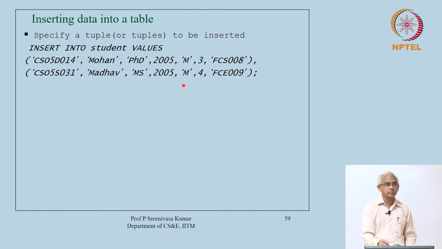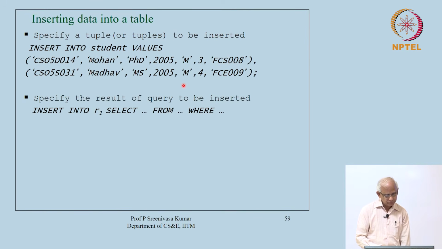There may be other ways of bulk loading data into the database, in which case it might take data from, say, spreadsheets or CSV files and things like that. It is also possible for us to insert data by giving a query.